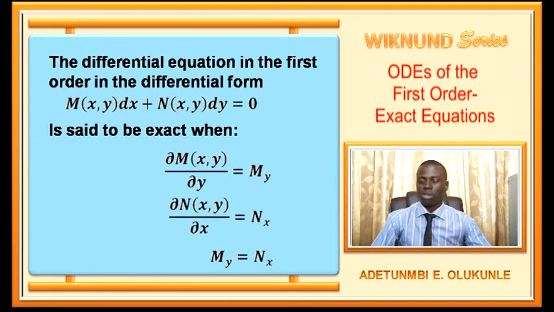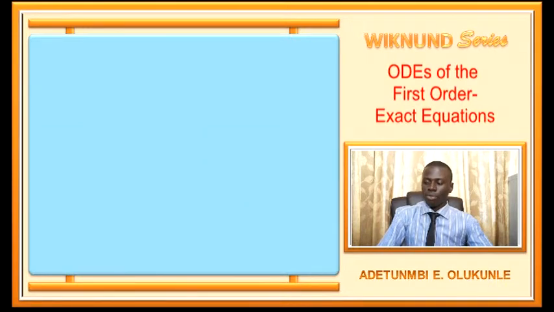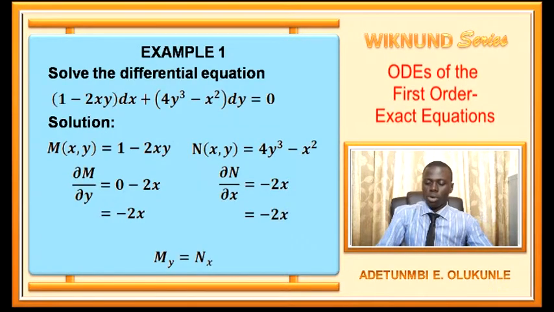So let's look at this example. Solve the differential equation (1 minus 2xy) dx plus (4y cubed minus x squared) dy equals 0. So what's our M? Our M of x,y for this question is 1 minus 2xy, and our N of x,y is 4y cubed minus x squared.